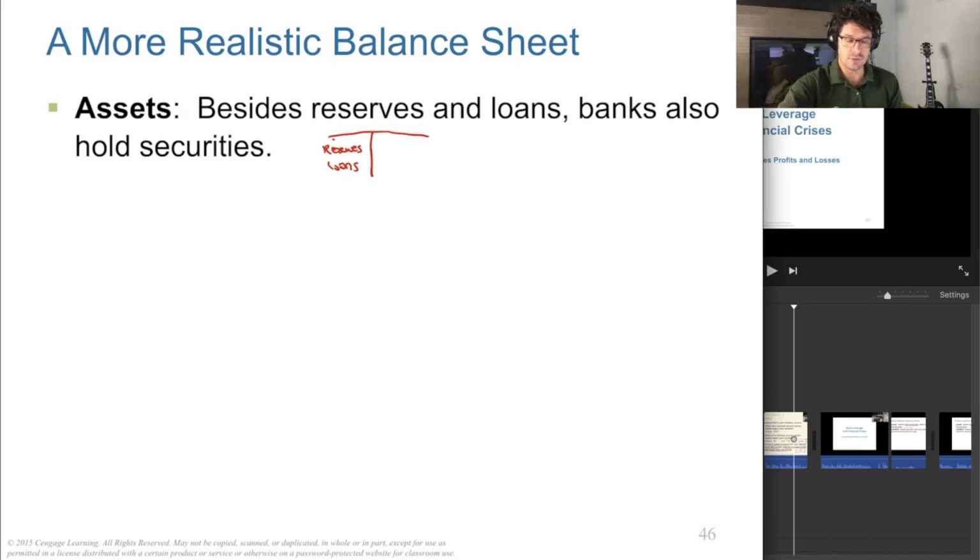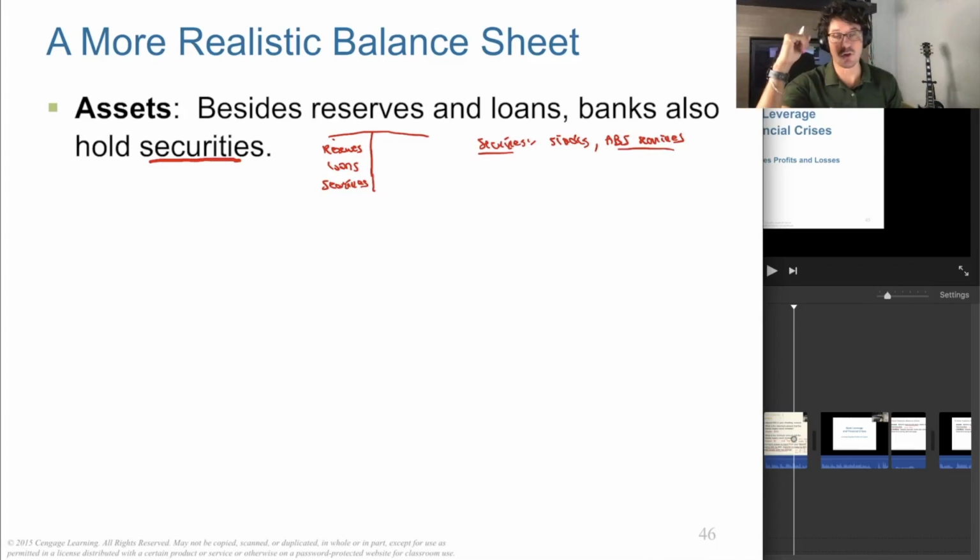Here we are going to assume that the bank can also take some risk, say by investing in securities. Among the securities, you can have stocks in the stock market, if you want to buy some shares of Apple or Google, or asset-backed securities, which are particular securities that entitle you to streams of claims that arise from mortgages, for instance.